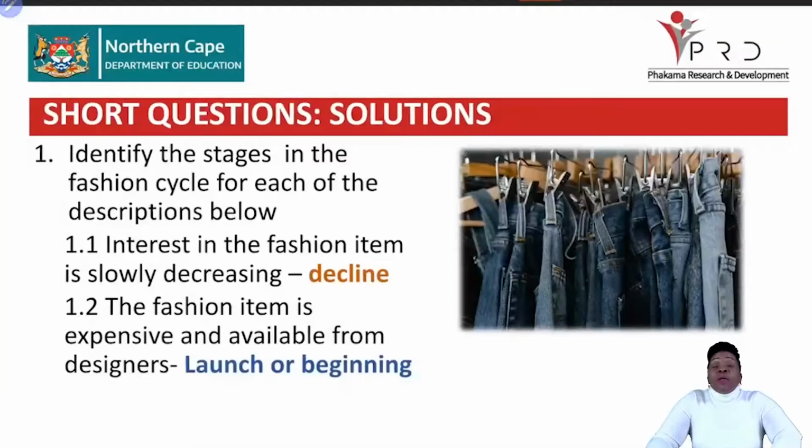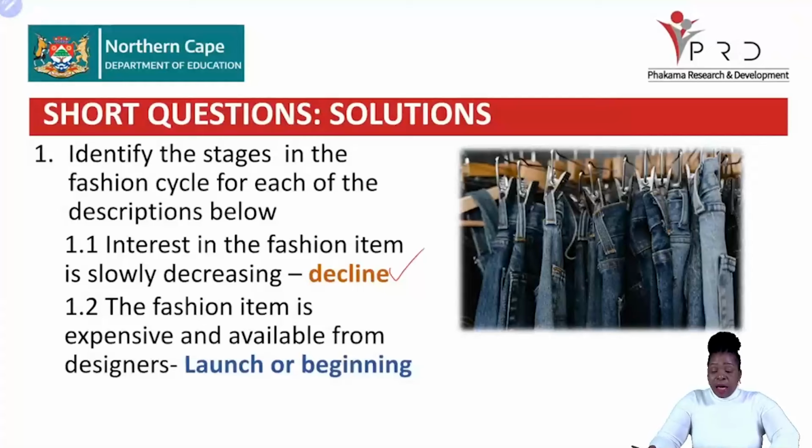Welcome back, learners. We go to the solutions for our questions. Our question was, identify the stages in the fashion cycle for each of the descriptions below. Interest in the fashion item is slowly decreasing, so our answer is decline.